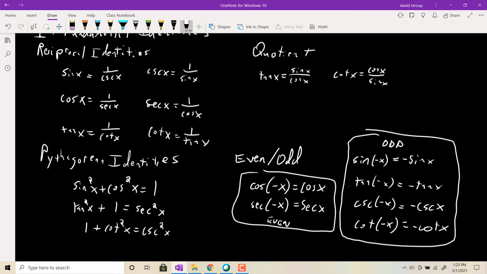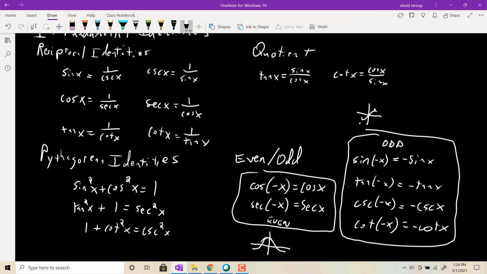Another way of thinking of it is the symmetry of the graph. If it has y-axis symmetry, like the cosine function, it's the same on both sides of the y-axis. For odd symmetry, it has origin symmetry.